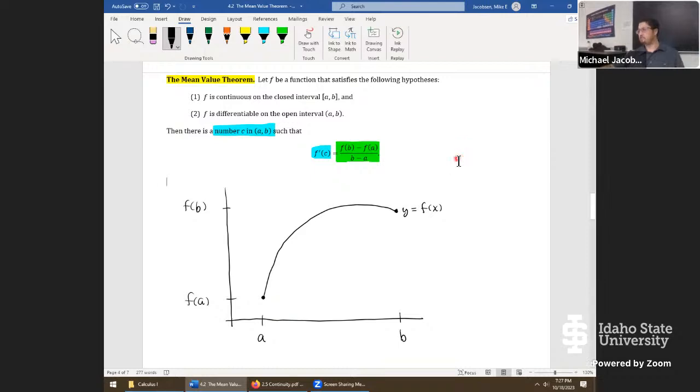Now, next thing we're going to do is, well, this f of b minus f of a divided by b minus a. Anyone know what that really is in essence? It is a slope, exactly. It turns out that that is the average rate of change of the function. Let's put this on the plot and discuss that next piece of the theorem. So I'm going to put a thin line going from here to here.